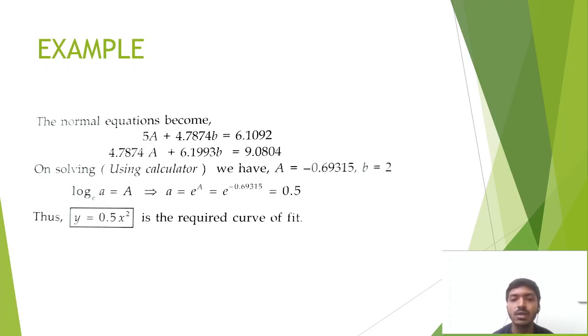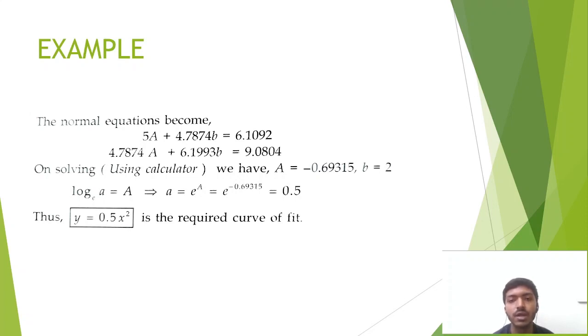Considering capital B, which is our unknown parameter, is equal to 2, and as we have seen at the starting of the question, capital B is equal to small b. Therefore, small b, which is our variable, will be equal to 2. In the case of small a, which is our variable, small a is equal to e raised to capital A, which is equal to e raised to -0.69315.